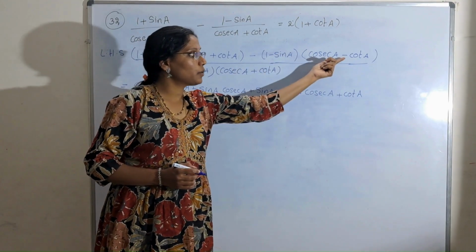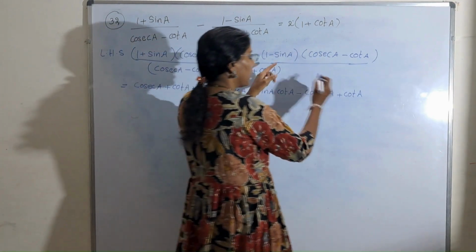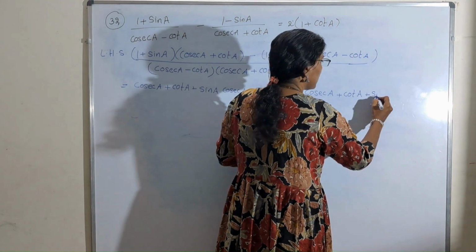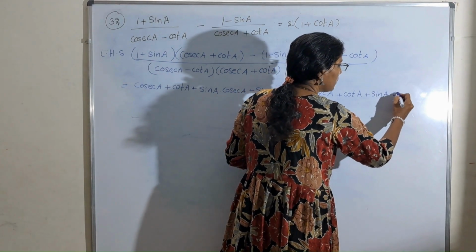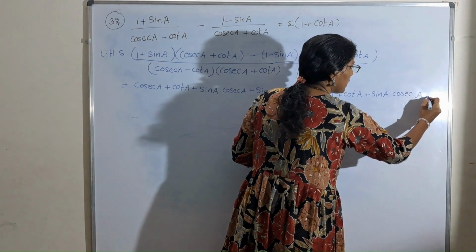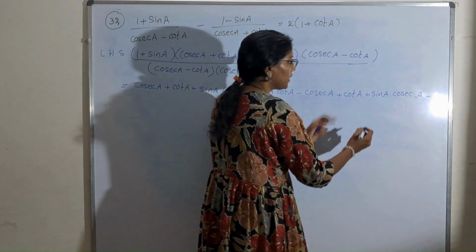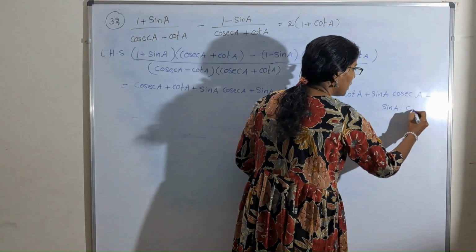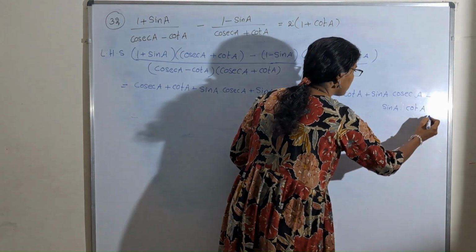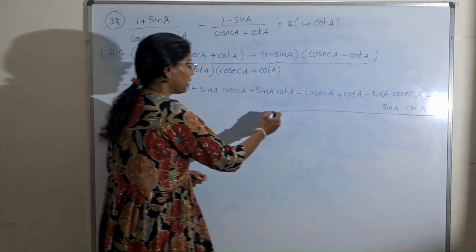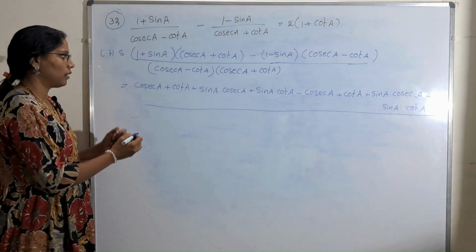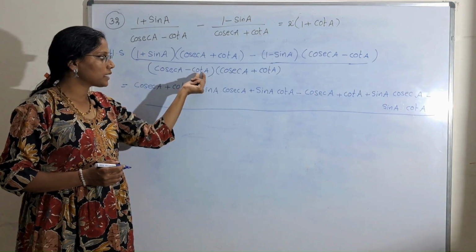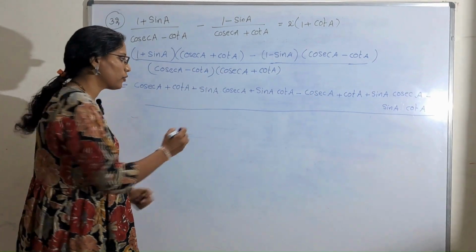Plus sin A into this bracket we have to multiply. Plus sin A into cosecant A. Here minus sin A into cot A, divided by, here A minus B, A plus B formula we have to apply.